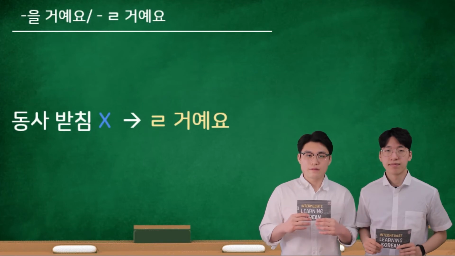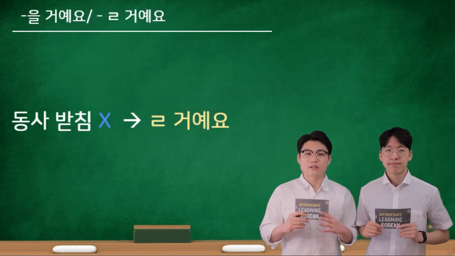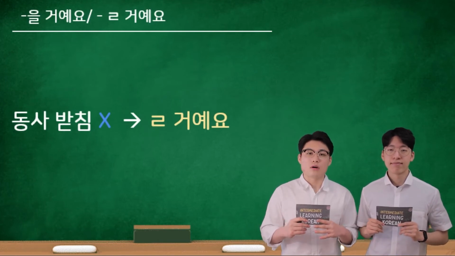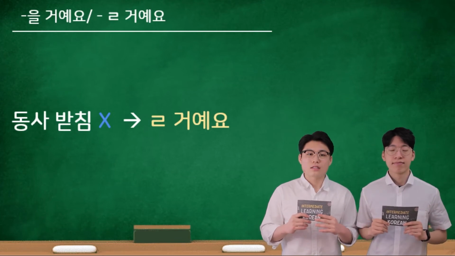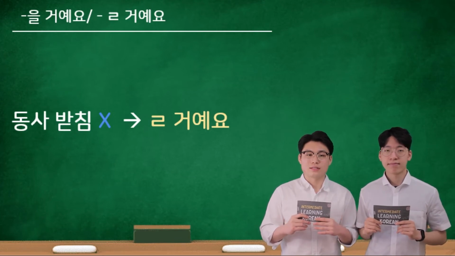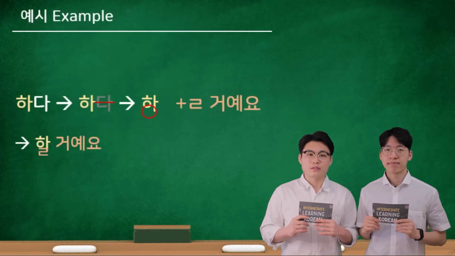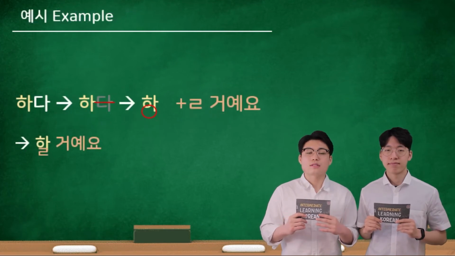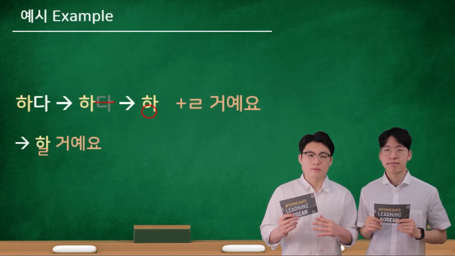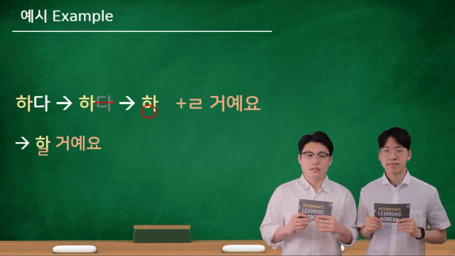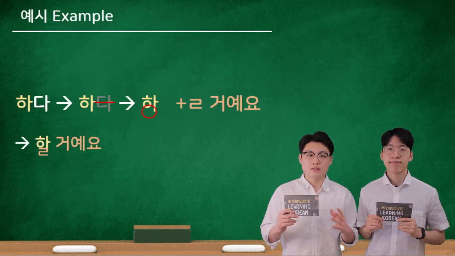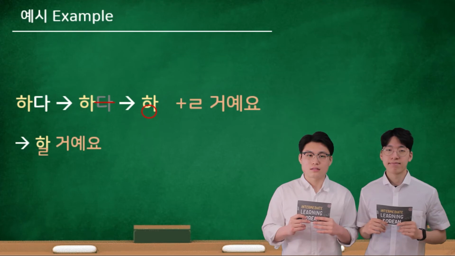Conversely, if there is no final consonant in the stem of a verb, ㄹ 거예요 is used. For example, when we remove 다 from the verb 하다, is there no final consonant?